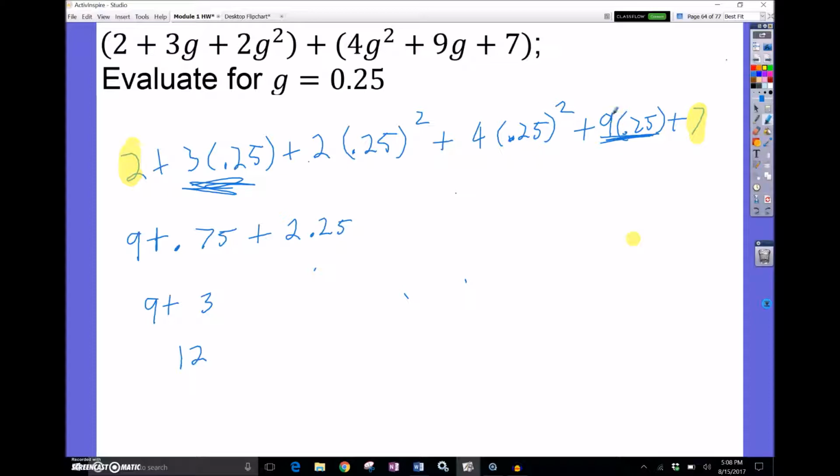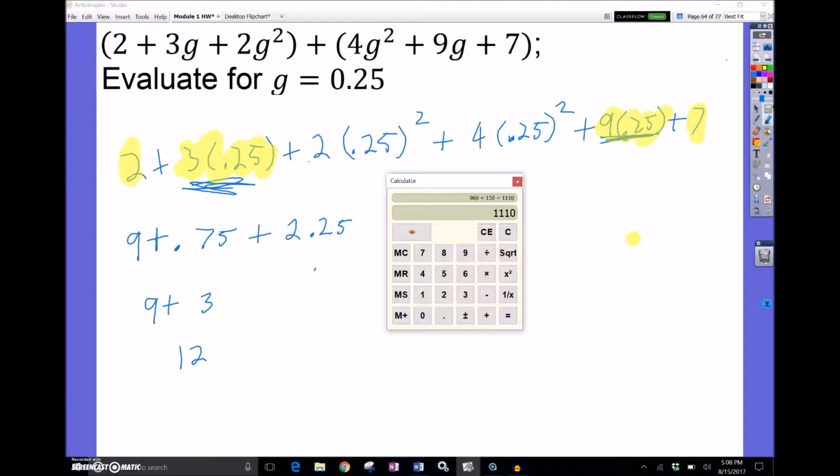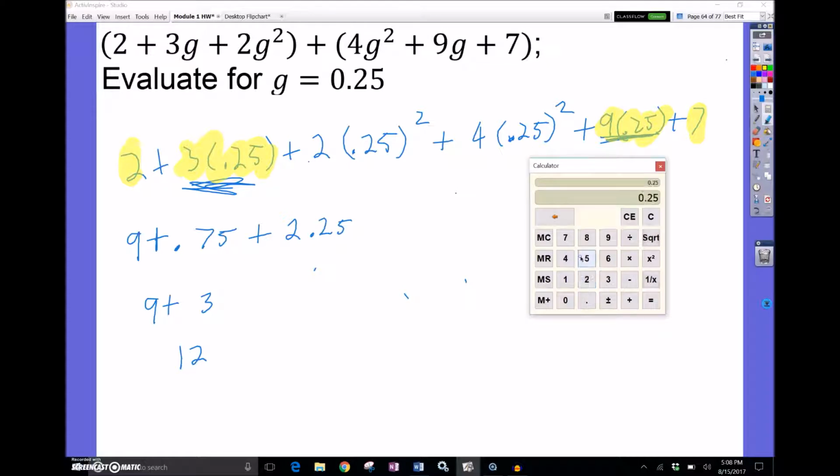All right, so let me highlight that, show that I've already used that. So now all I have to do is 0.25 to the second power times 2, as well as times 4. So let's go ahead and bring in a calculator to help with that. So if I have 0.25 to the second power times 2, that'll be 125/100ths.